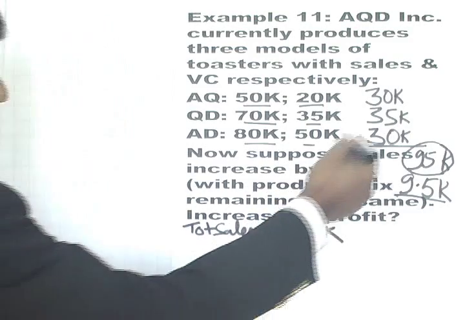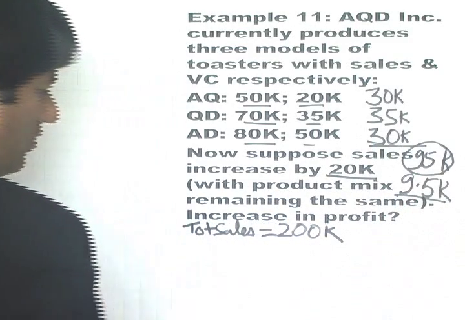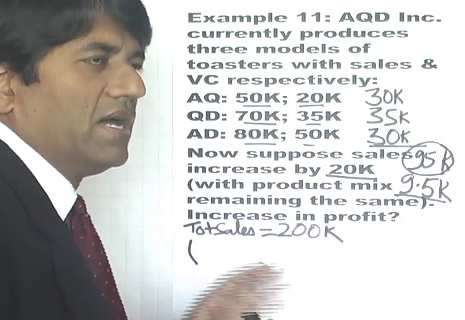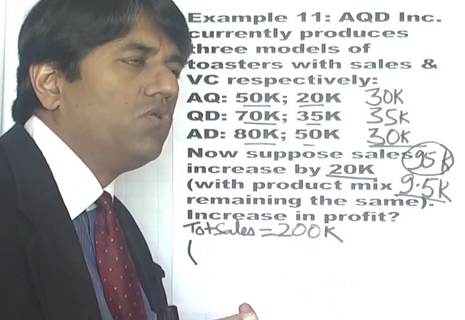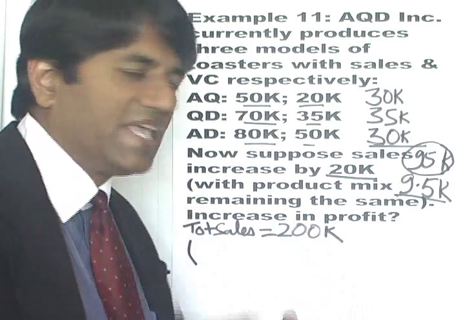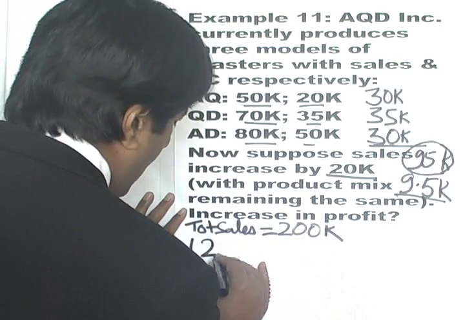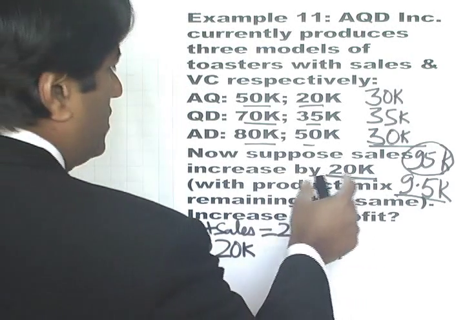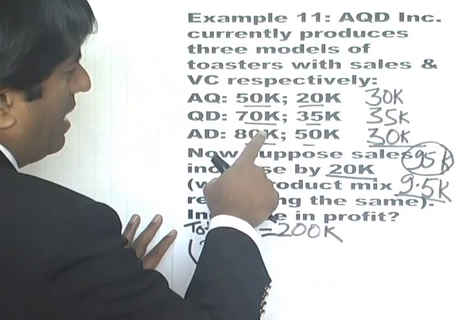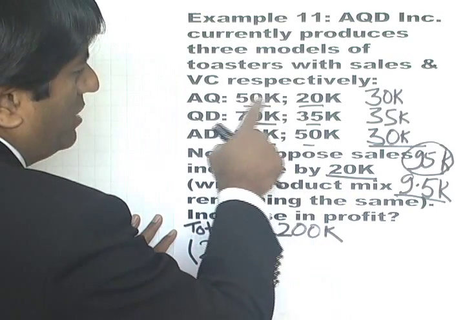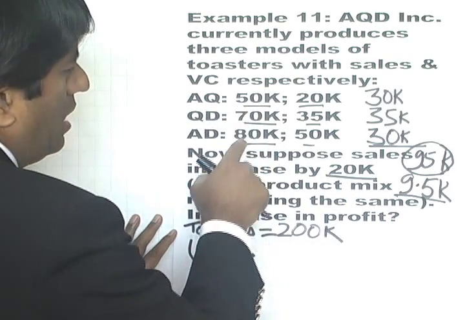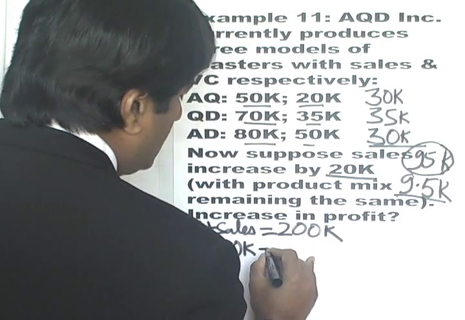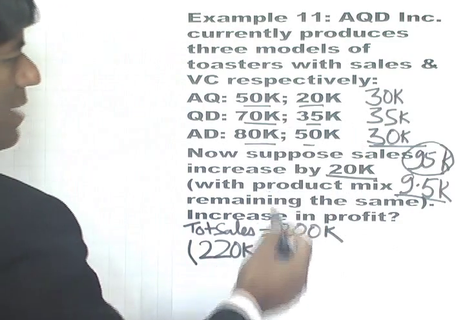Now, if I was to write out the equations, then I would say that the new sales is 220K. That's because it has increased by 10% from the initial 200K, minus the new variable cost.